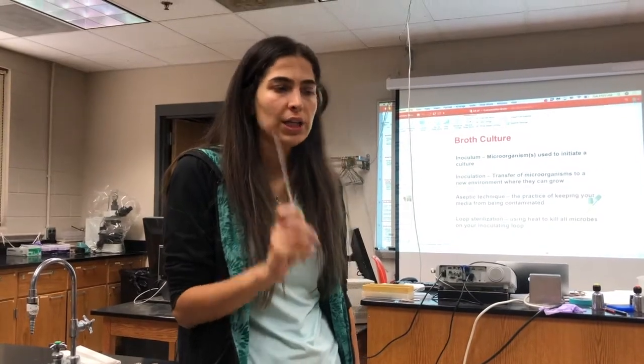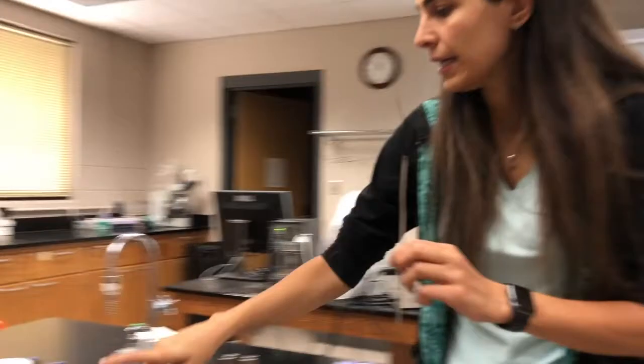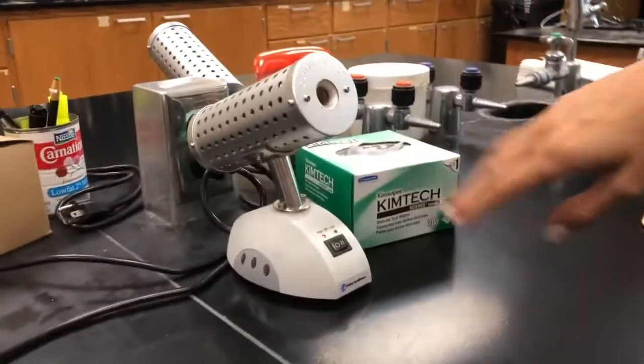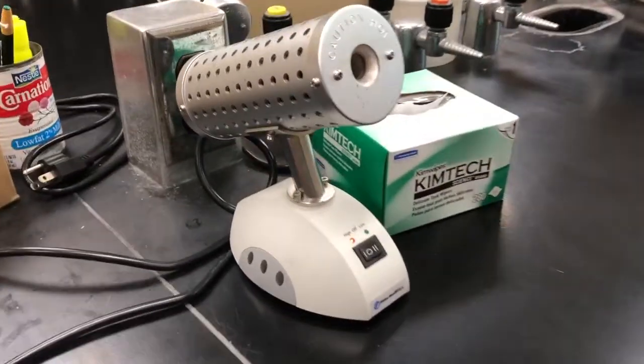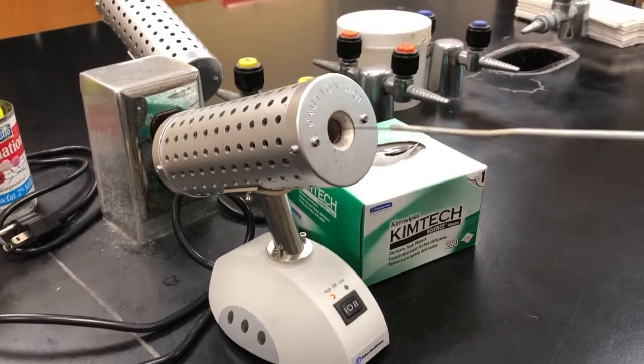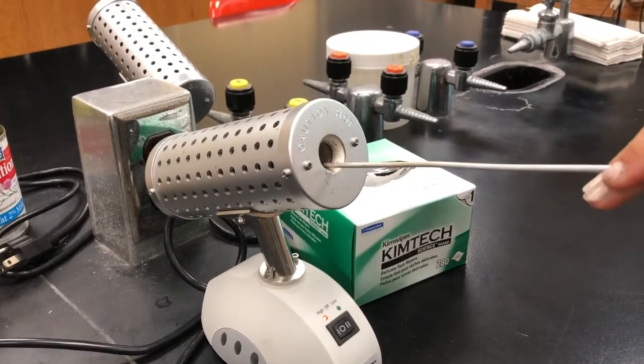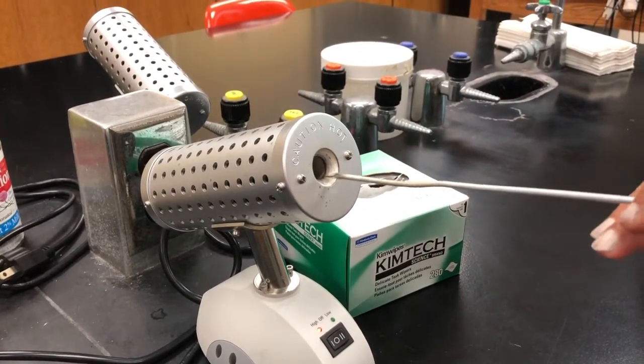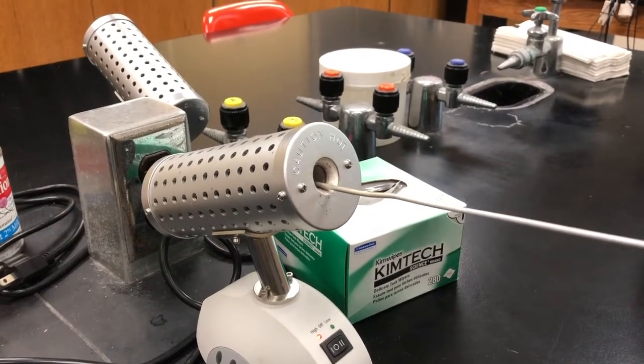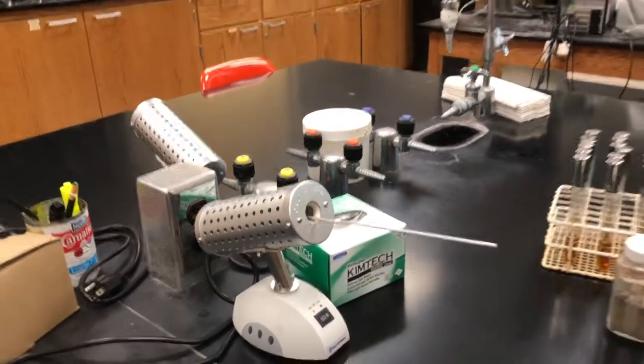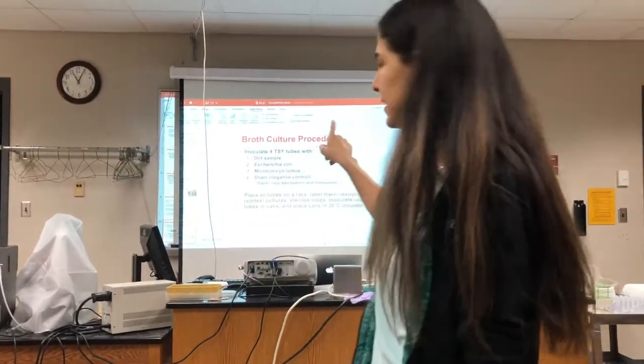Before each inoculation, you need to sterilize your loop. How? Here is the incinerator. We already turned it on, and you need to put your loop in the incinerator for 30 seconds to 1 minute.